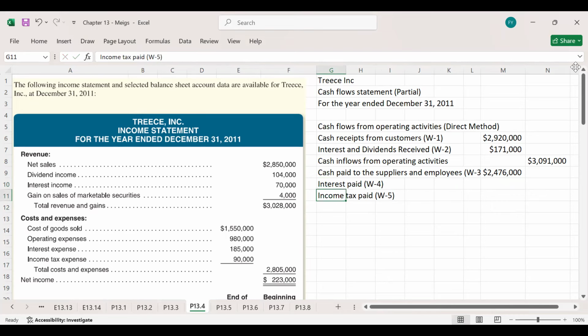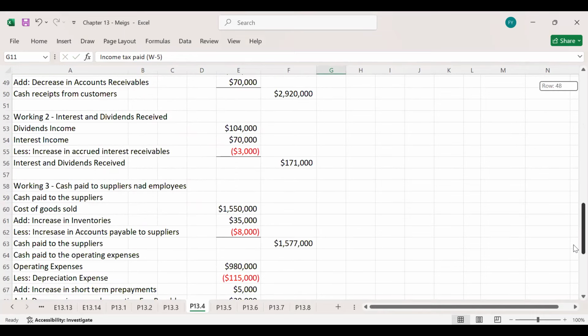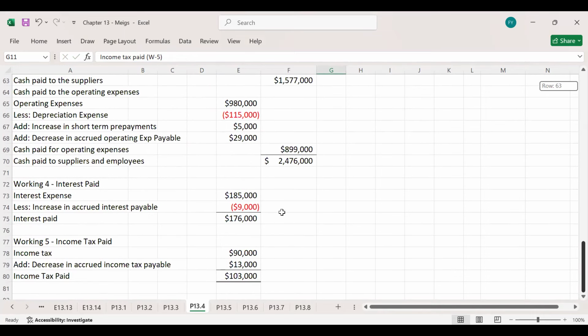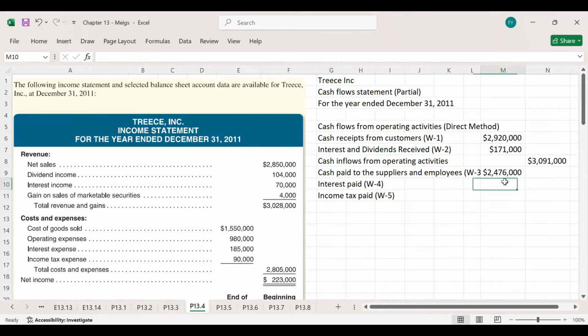So you can see that 176 was interest paid and 106 was income tax paid. So 176 and 103. So we have $176 and $103.